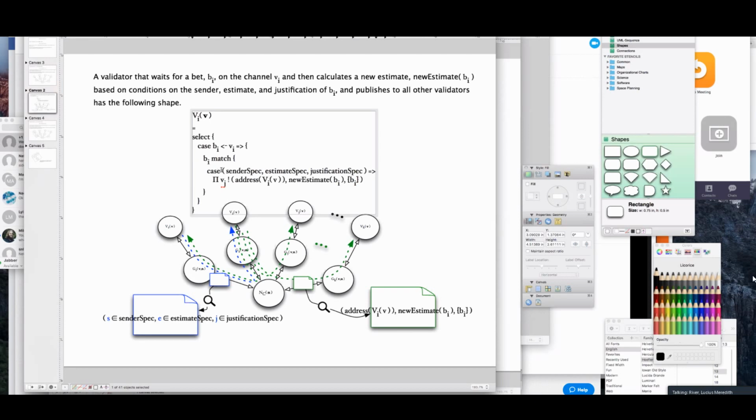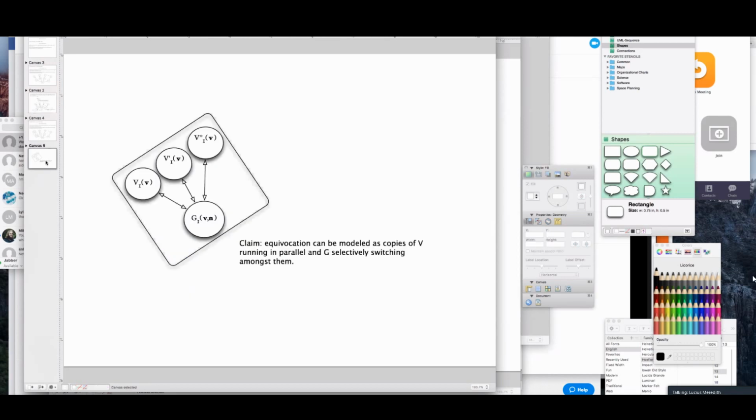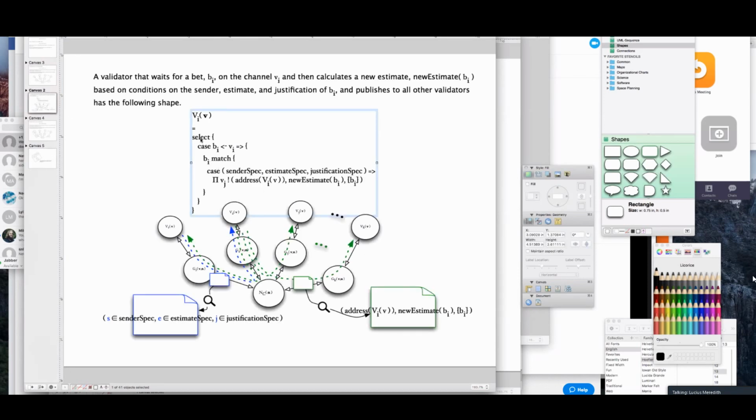I have a question. Yeah, go ahead. So what is a non-innocent validator doing that doesn't fit into the pattern matching structure? So a non-innocent validator, for example, in the case of Vlad's dream of how to characterize equivocation, would have, instead of a select here, potentially a parallel composition, right?